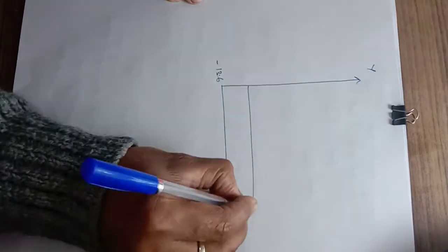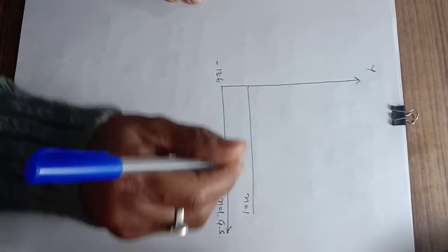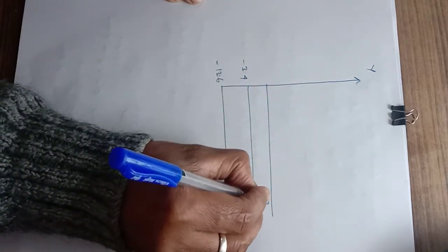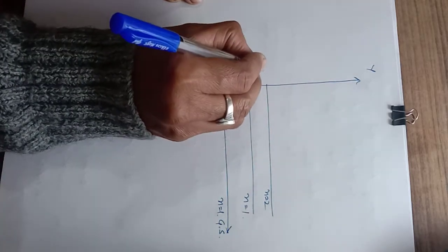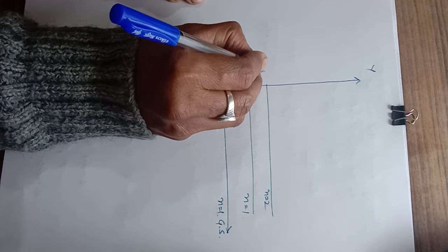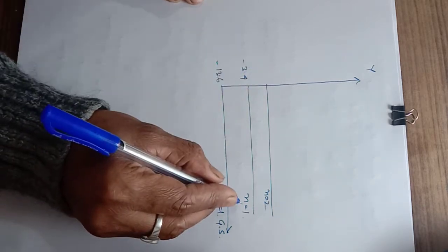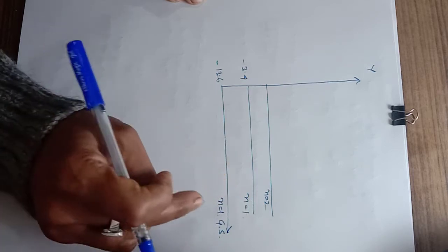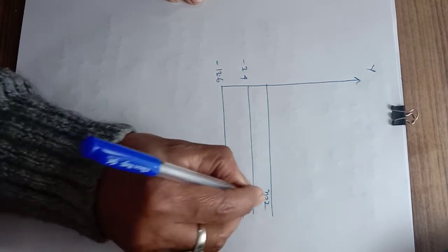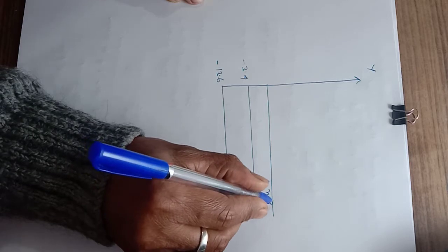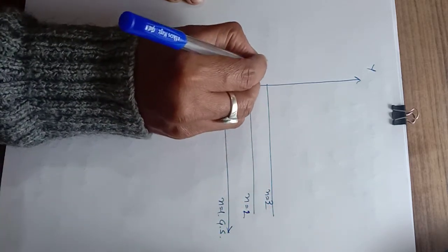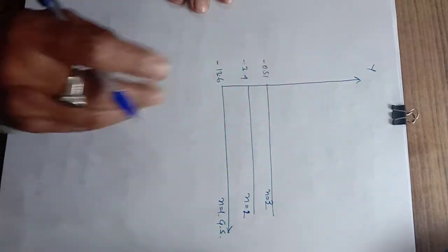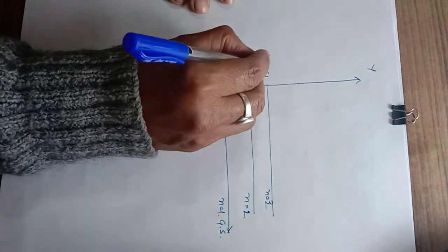Now this is n is equal to 1, that is minus 3.4 when n is equal to 2, and n is equal to 3, it is minus 0.1 point.